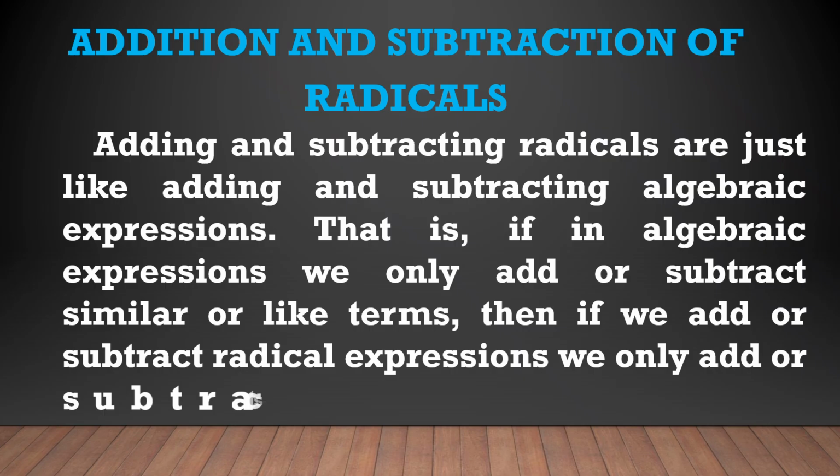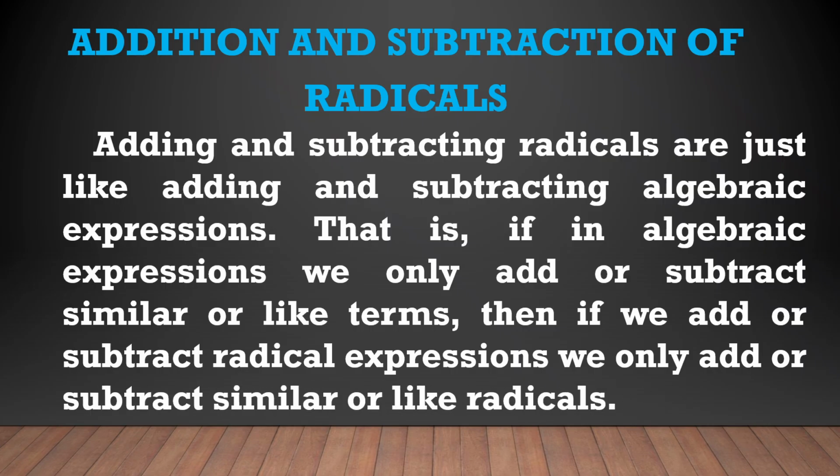That is, in algebraic expressions, we only add or subtract similar or like terms. Then, if we add or subtract radical expressions, we only add or subtract similar or like radicals.